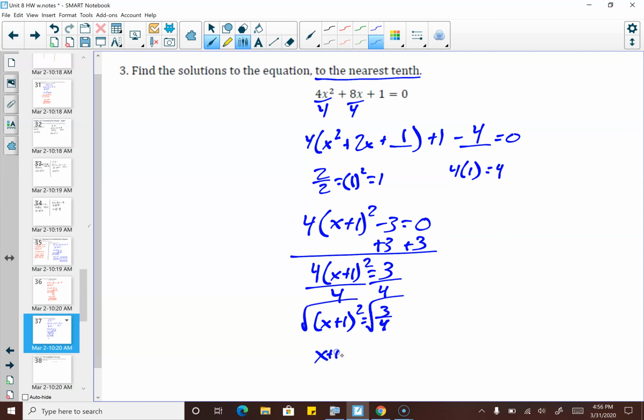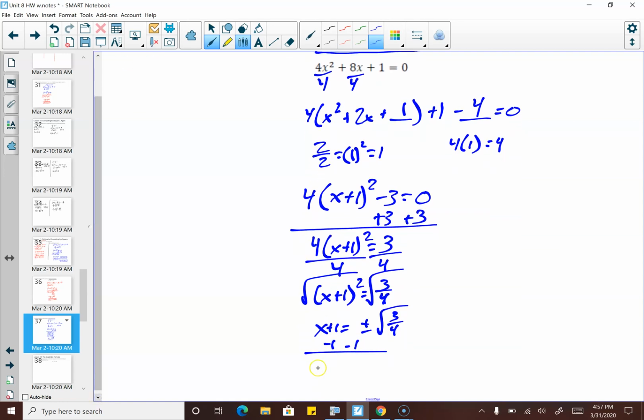Same thing, x plus 1 equals plus or minus square root 3 over 4. If we were asked to do simplest radical form, we'd probably work with that a little bit, but since we're not, we're just going to leave it. Minus 1, and we finish up with x equals negative 1 plus or minus square root 3 over 4.